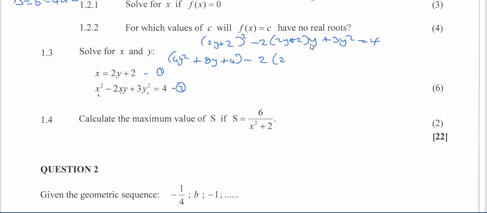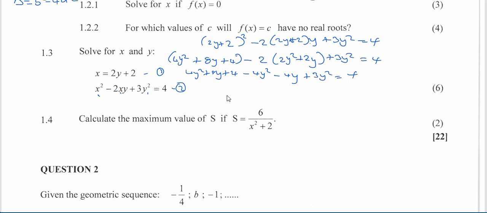I can multiply this: 2y squared plus 2y. So plus 3y squared equals 4. Our 4y squared plus 8y plus 4 minus, when we multiply this, we have negative 4y squared, also negative 4y, plus 3y squared equals 4.